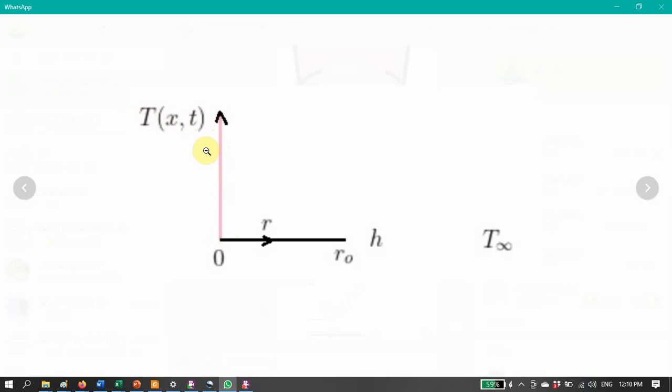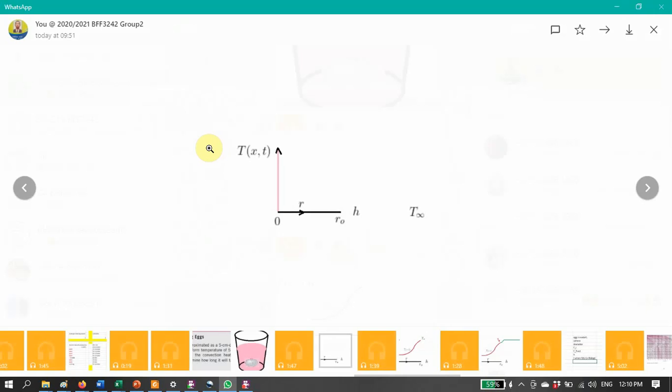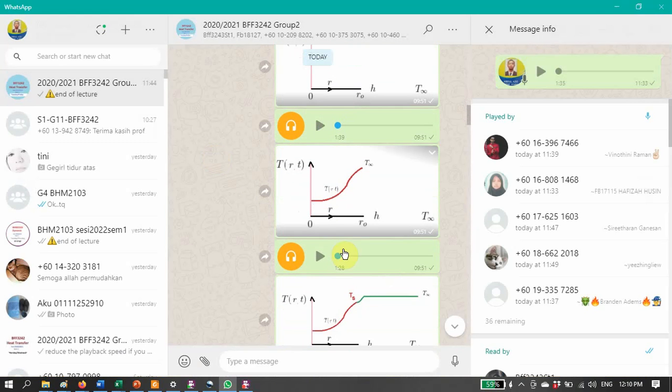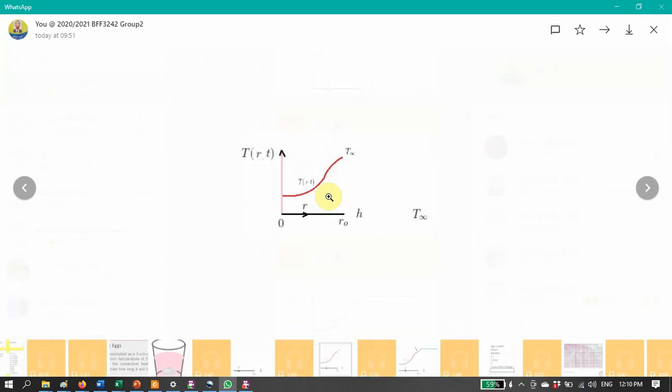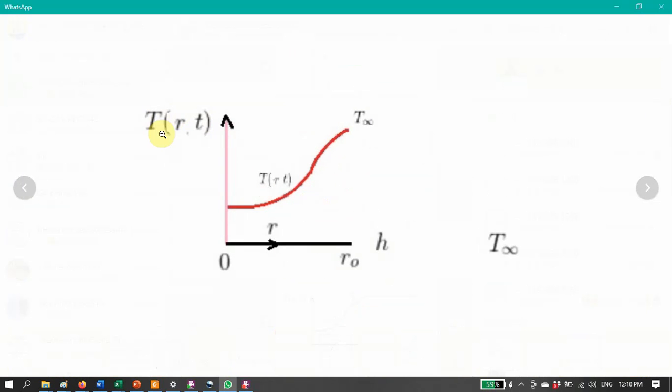Right now the boiling temperature is higher than the egg temperature, so I'm going to change the figures and make it correct. Okay, now I already changed the vertical axis labels, and I also show you the temperature distribution in the egg. So at any point inside the egg, when we model it as a sphere, this sphere is represented by a one-dimensional body.